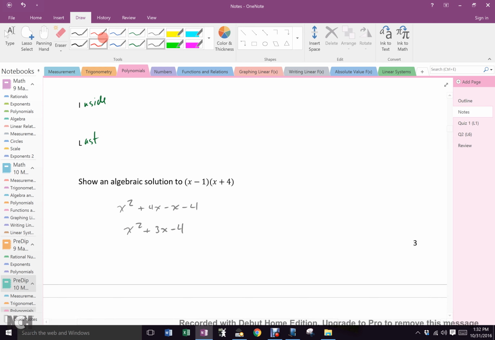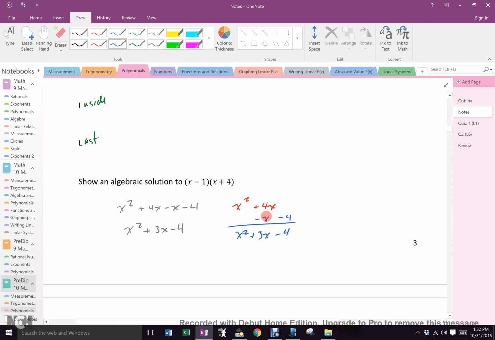Or maybe they showed you this move, x squared plus 4x, new term, write it on another line, and line up your like terms. Then just add them up. 4 minus 1 is 3x, 0 minus 4 is negative 4. Hopefully you saw one of those two things.